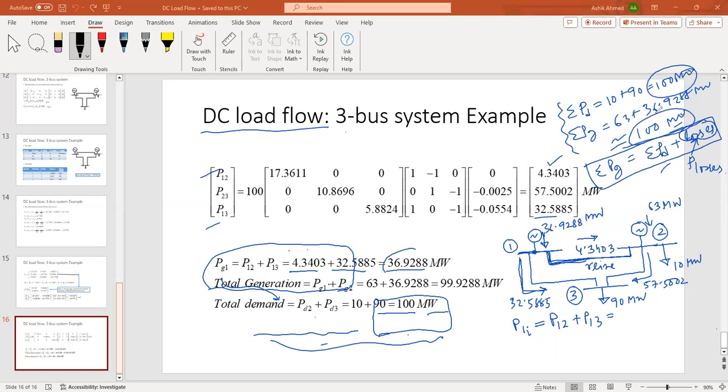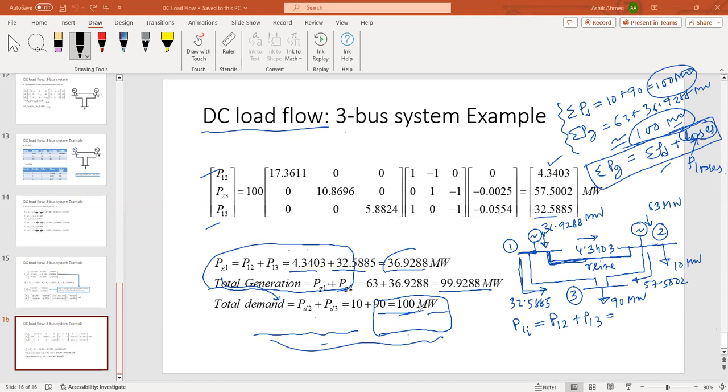This one becomes 99.9288 actually, which is approximately equal to 100 megawatt. So this is how we can apply the knowledge of DC load flow to get the solution of the real power flow through a network quite easily, in a quite straightforward manner.